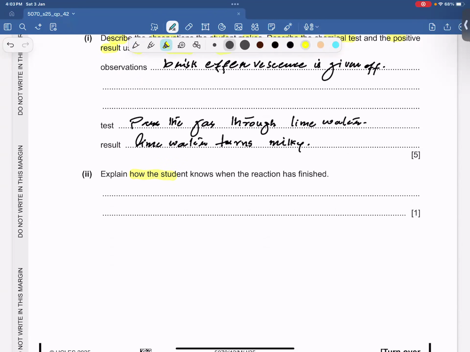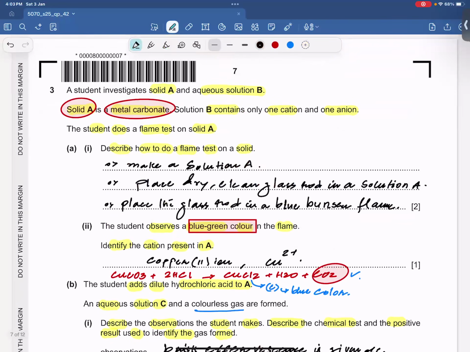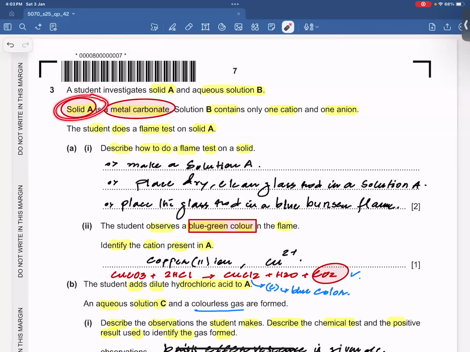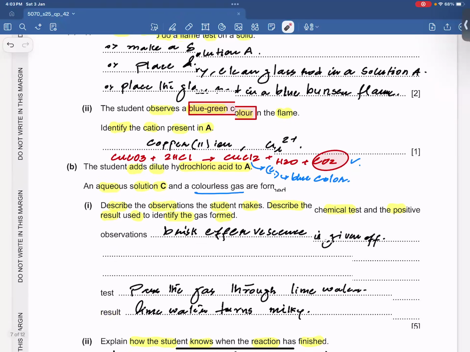Explain how the student knows when the reaction has finished: when no more effervescence is observed. When no more bubbles of gas are given off. Since copper carbonate is a solid at RTP, when we treat it with hydrochloric acid, it dissolves.